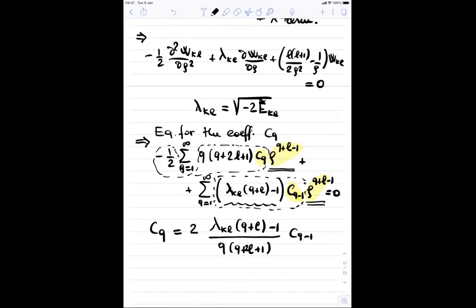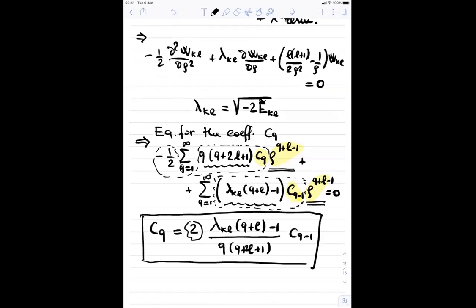Notice that the denominator is precisely what you have here, including the factor 2, which is here. All right, so this is the almost final equation that we have. I know the coefficients in a recursive way.